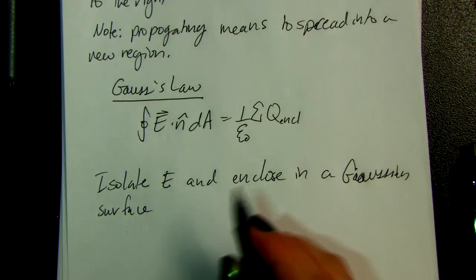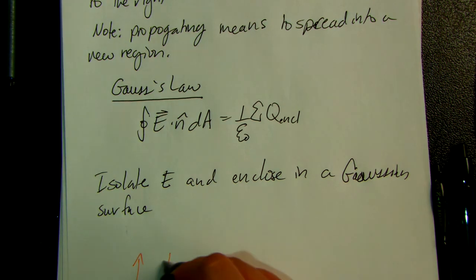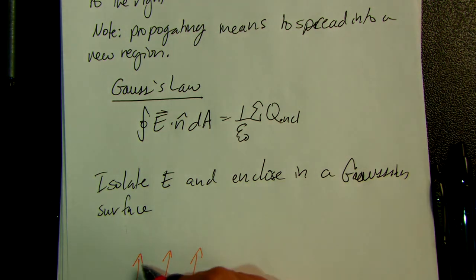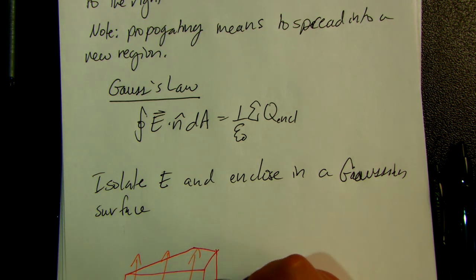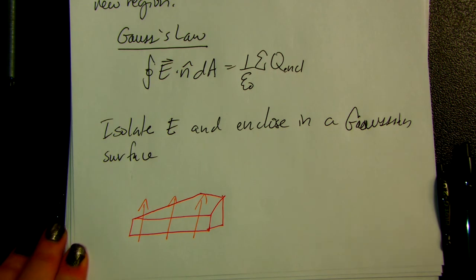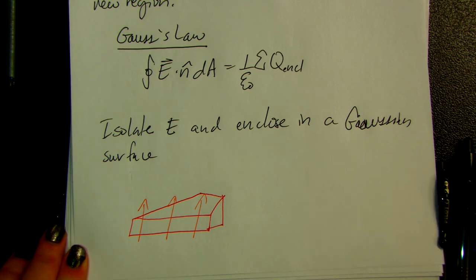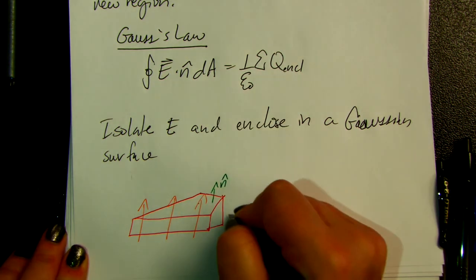E is orange. That's a box. It's not a pretty box, but it is a box. And let's give it some, we'll just use green, some normal vectors.